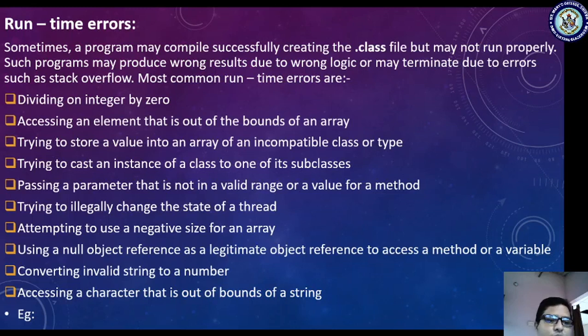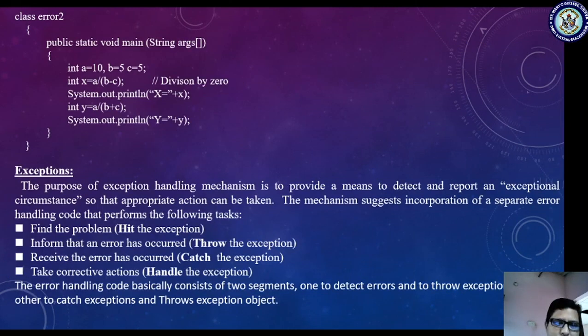Using a null object reference as a legitimate object reference to access a method or a variable. Likewise, converting an invalid string to a number also gives a logical error. Accessing a character that is out of bounds of a string, if it does not exist, also causes an error.